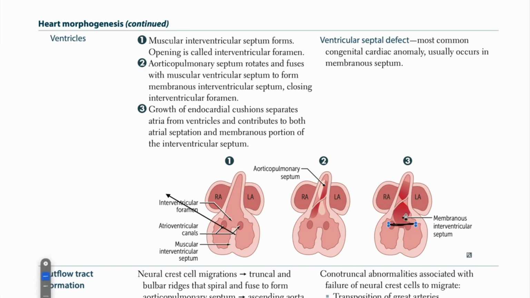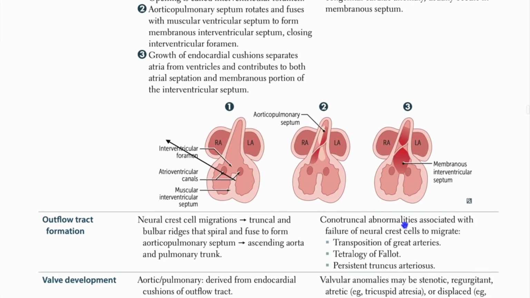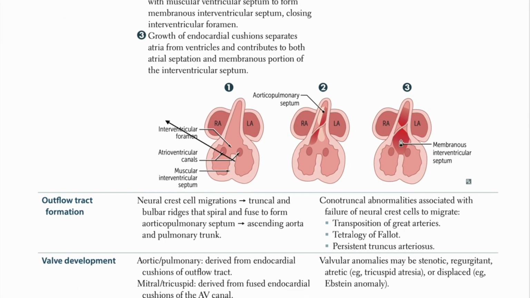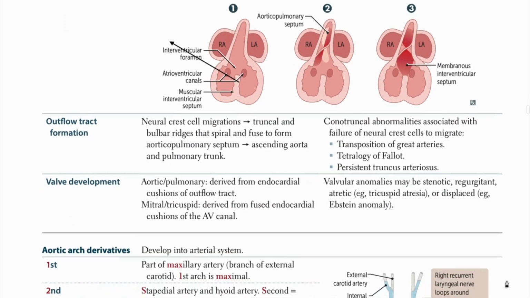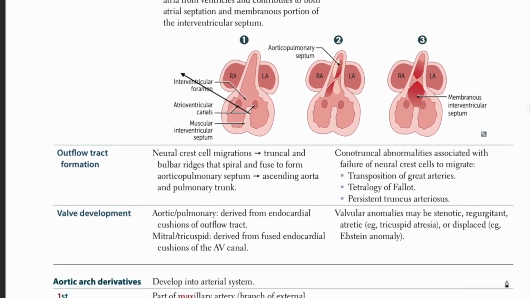This is fused, so you won't have RA and RV or LA and LV communication, but you will have LV and RV communication, right? So again, ventricular septal defect, most common congenital cardiac anomaly, usually occurs in membranous septum. So that's your membranous septum. Okay, and that's the end of the hard part.